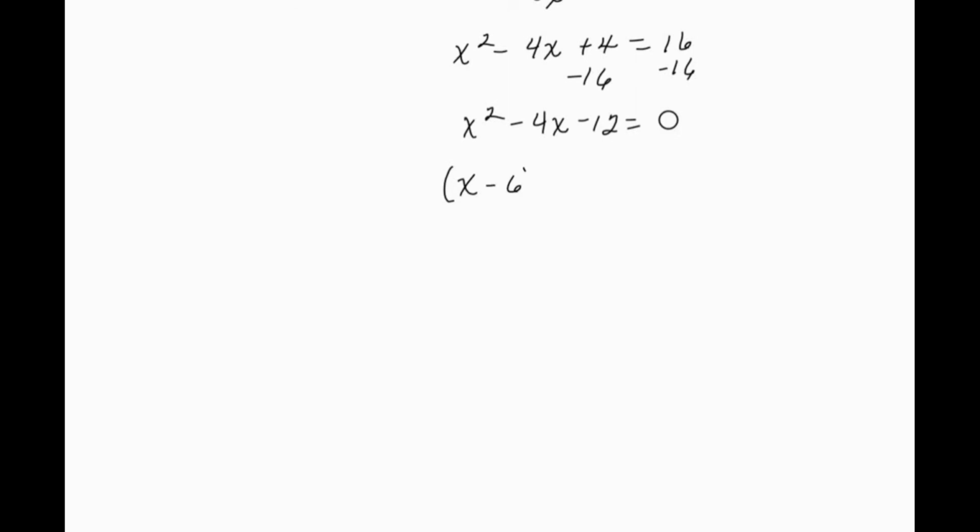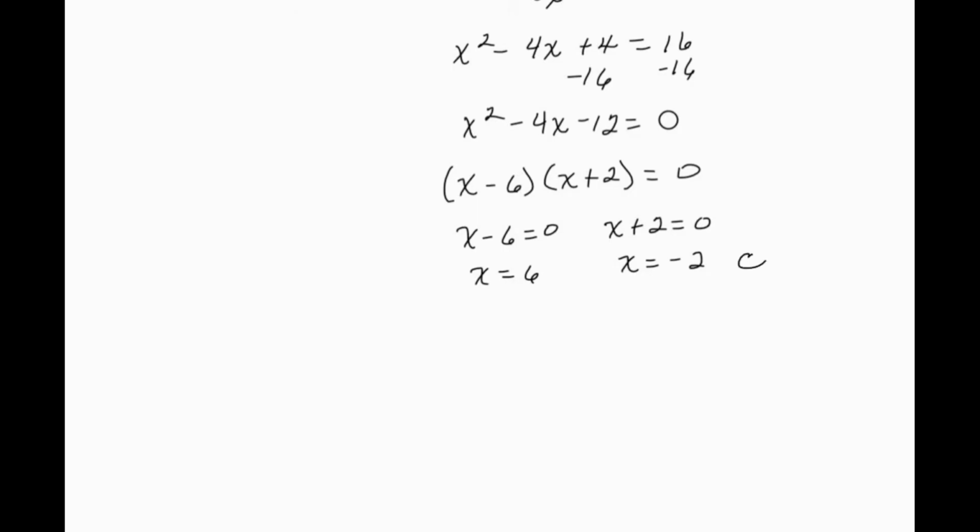This is going to factor into (x minus 6) times (x plus 2). Set each factor equal to 0 and solve. So I have x equals 6 and x equals negative 2.